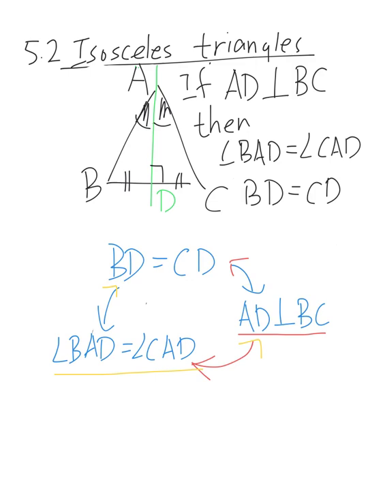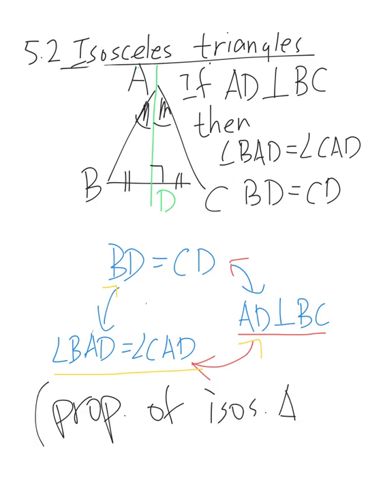So, in summary, if we use this kind of logic to do some deduction, we can write down the reasoning to be properties of isosceles triangle. Okay, PROP is the short form of properties. So this is another theorem about the isosceles triangle.